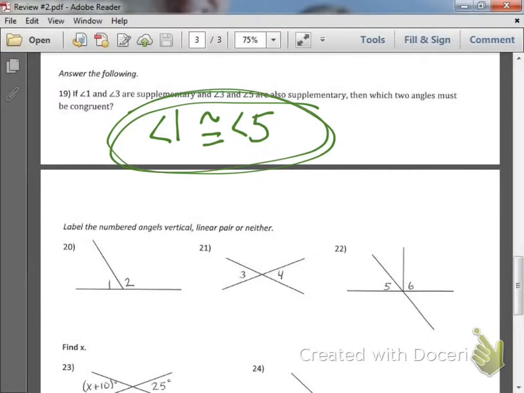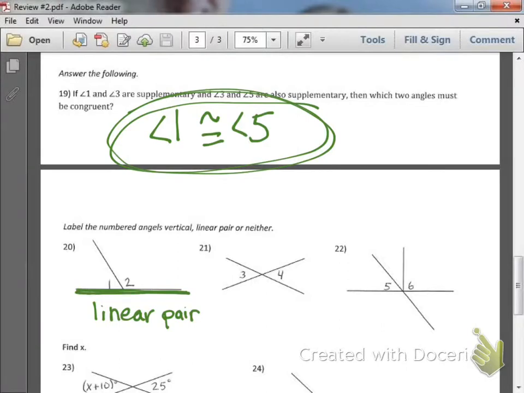Alright, another very important thing we learned in Chapter 2 was the difference between vertical angles and linear pairs. So, on number 20, angle 1 and angle 2 are what type of angles? They're a linear pair. Good. A linear pair, when you put them together, form a line. That's why it's called a linear pair. So see this line down here? That's a linear pair.